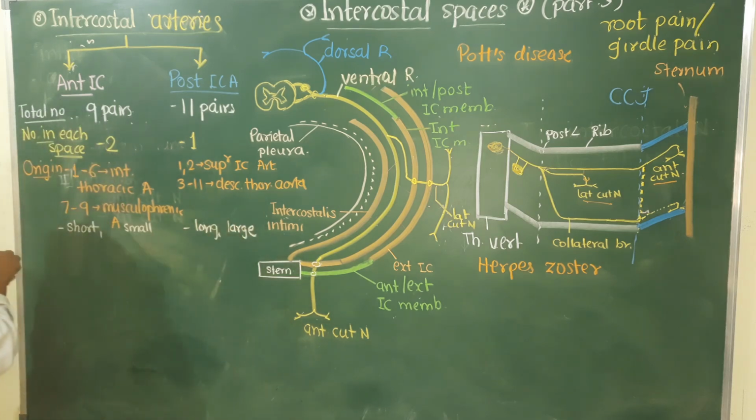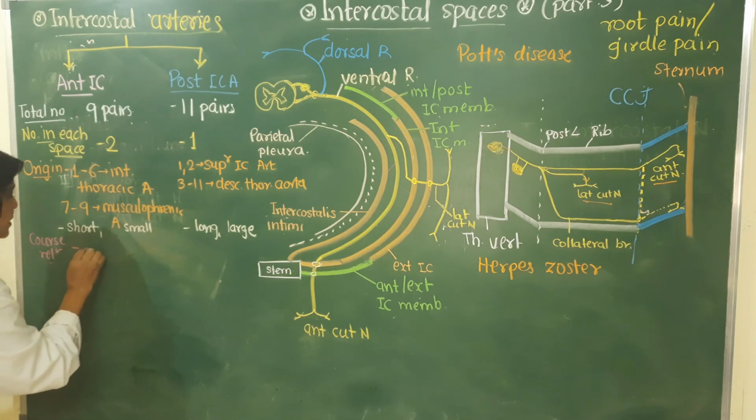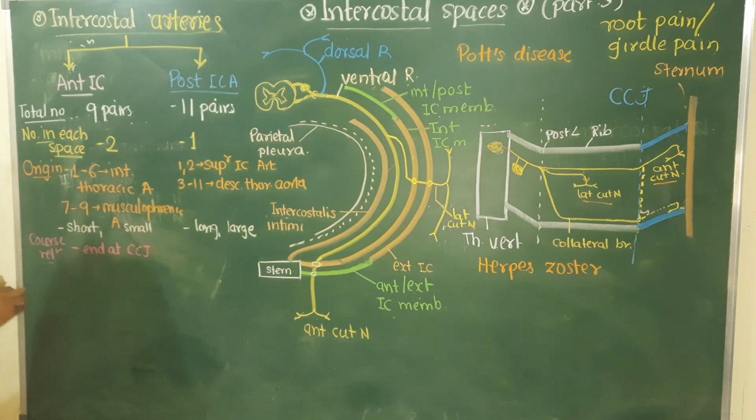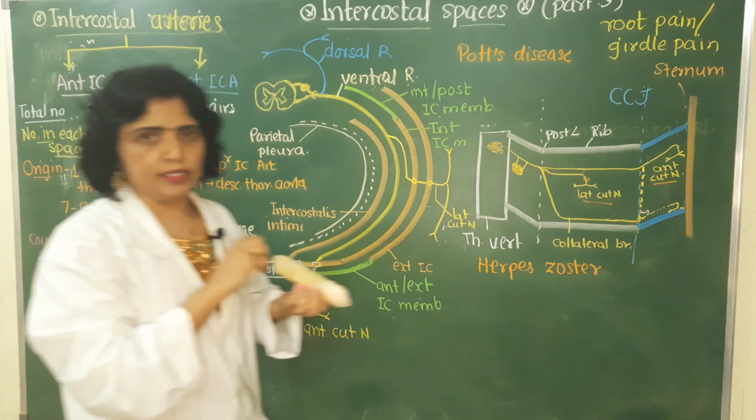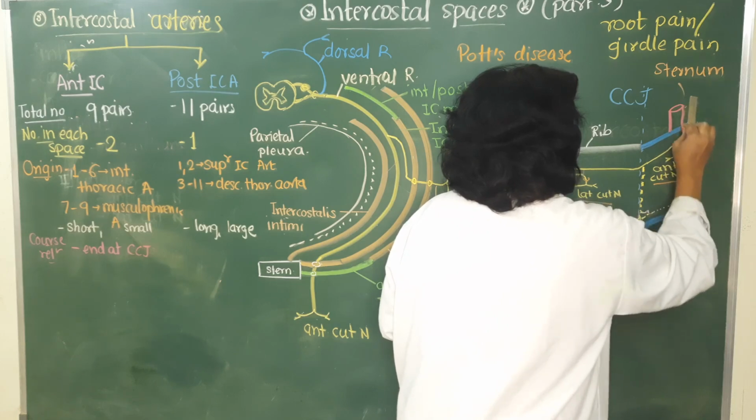Now coming to the course and relations. As these arteries are very small, I will just tell that they end at the costochondral junction. Anterior intercostal arteries end at the costochondral junction. Suppose I draw here the internal thoracic artery.